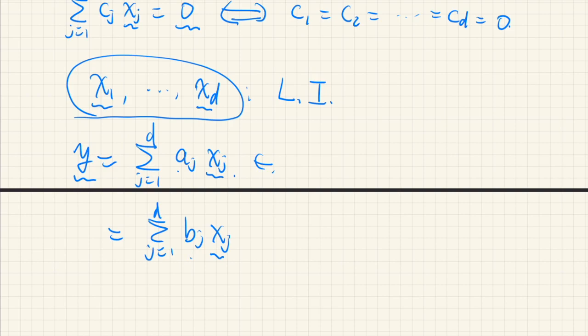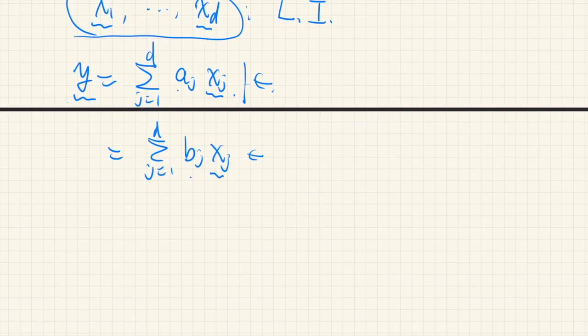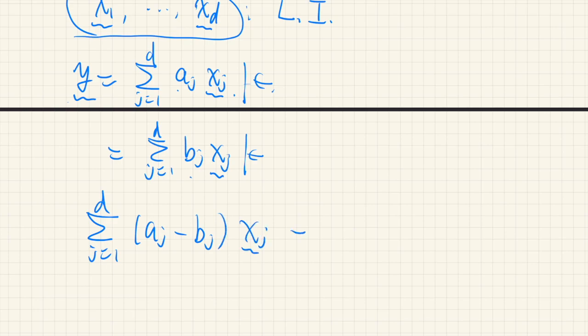So let's prove that. So suppose we have two representations of the same vector. Then from this being equal to this, we have the following: the sum of aj minus bj times xj is equal to the 0 vector.